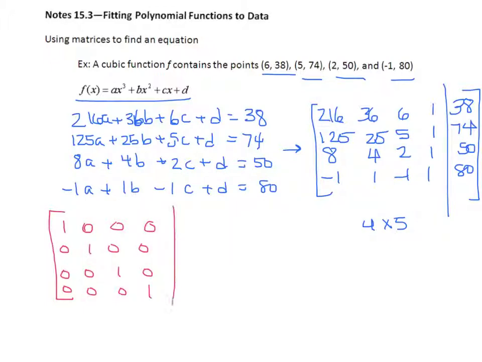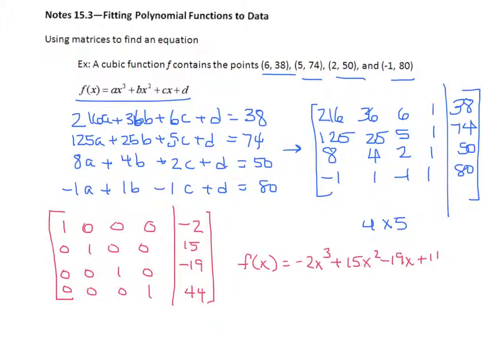And then the answers are negative 2, 15, negative 19, and 44, giving us a function f of x equals negative 2x cubed plus 15x squared minus 19x plus 44. And that should be somewhat familiar to you.